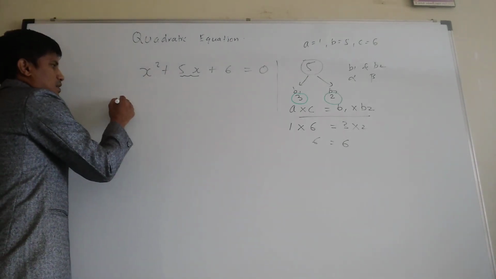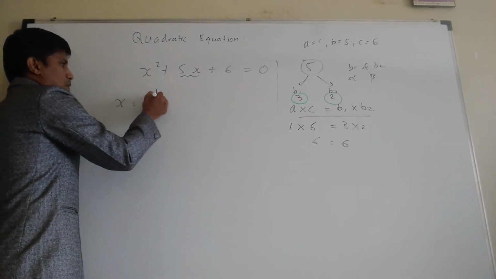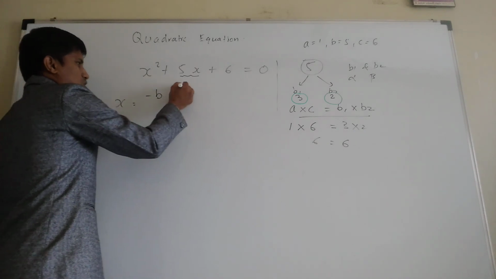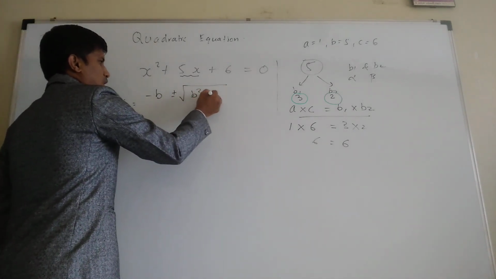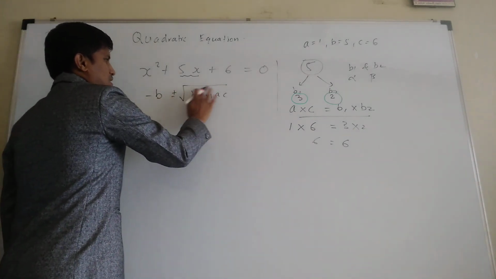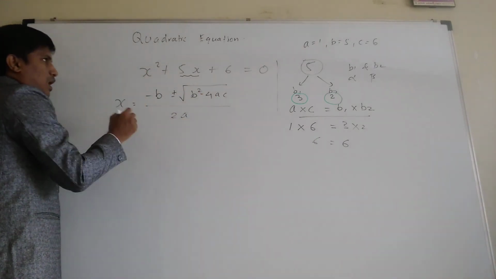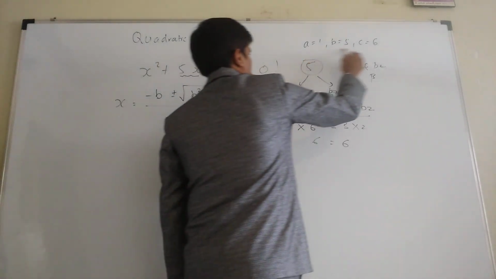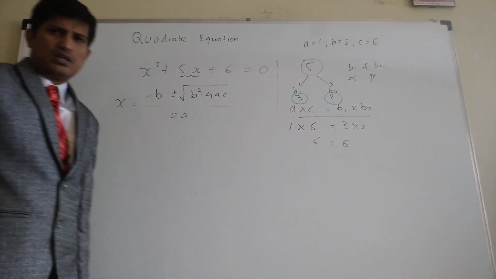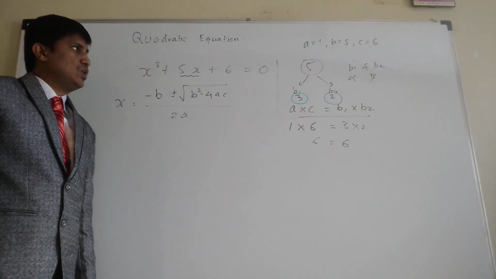Our formula is x is equal to minus b plus minus root of b square minus 4ac, upon 2a. Now according to our explanation, we have defined the terms. a is equal to 1, b is equal to 5, and c is equal to 6.